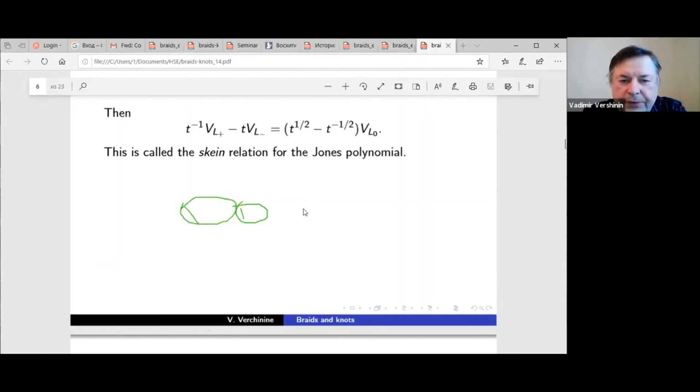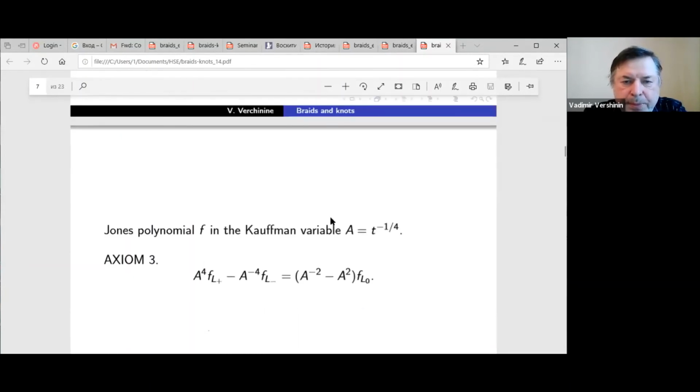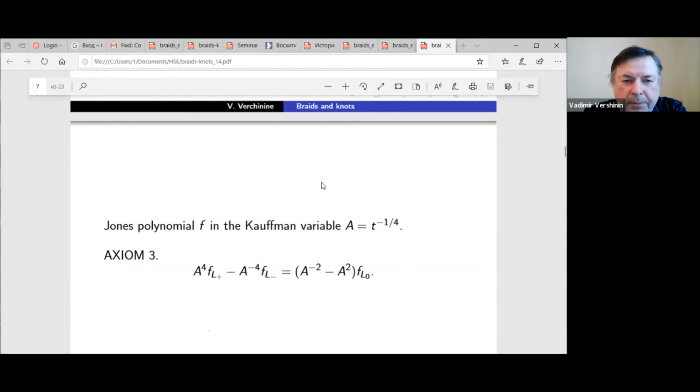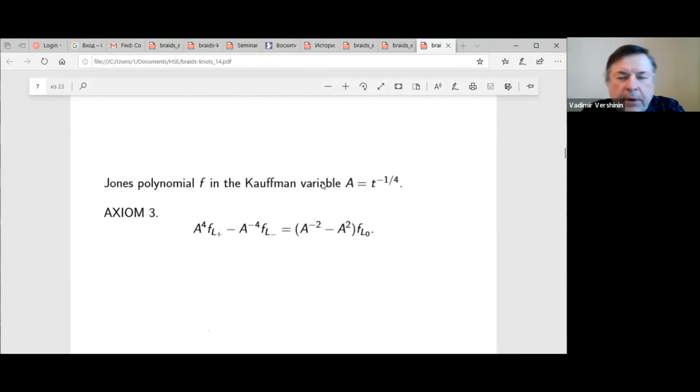So this is the skein relation for the Jones polynomial. There is another variable, and you'll understand in a moment why this is a good variable. In the Kauffman variable, you take variable A, and the Jones polynomial becomes the following form.